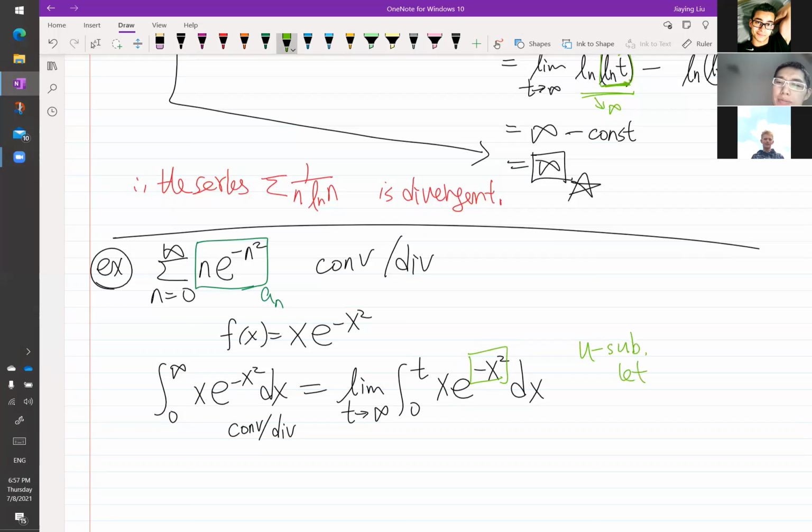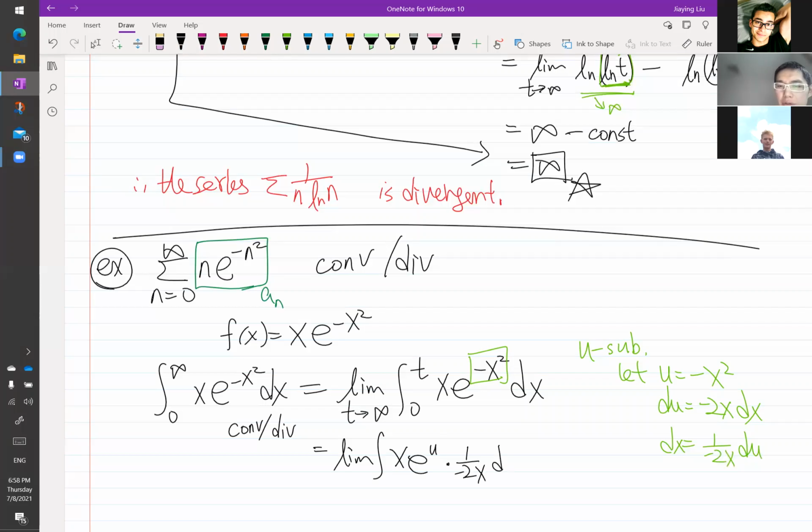So let u equals negative x squared, du equals negative 2x dx. And the dx will become 1 over negative 2x du. So with substitution, that becomes the limit of the integral of x times e to the u times 1 over negative 2x du.